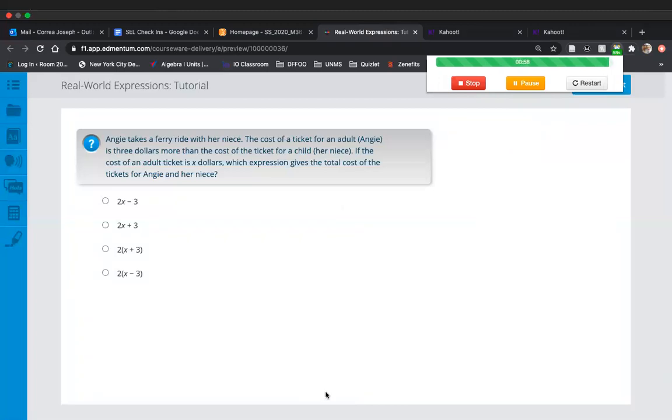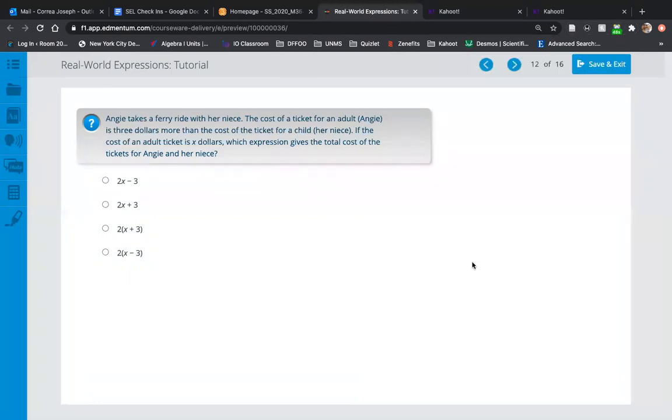Write your answers in the chat. You can write the expression itself, like 2x minus 3, 2x plus 3, or we can just call the first one out, 1, 2, 3, 4. So again, write it in the chat.